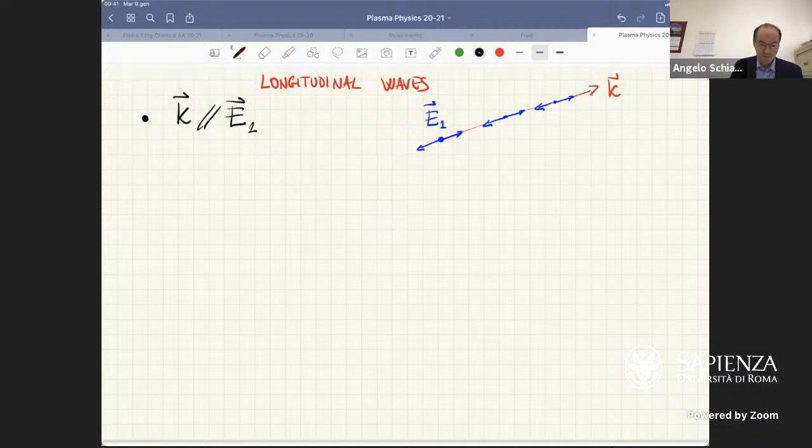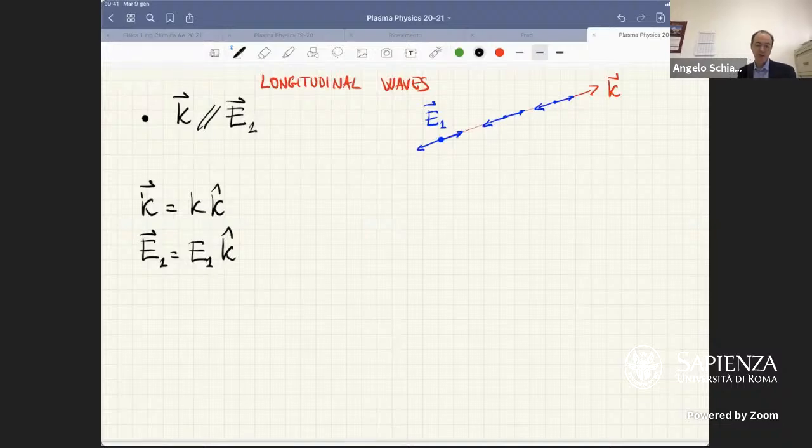For longitudinal waves, we have that k equals k times the k versor, okay, and E1 equals the amplitude of the oscillating electric field, and the direction is the same because the two vectors are parallel.